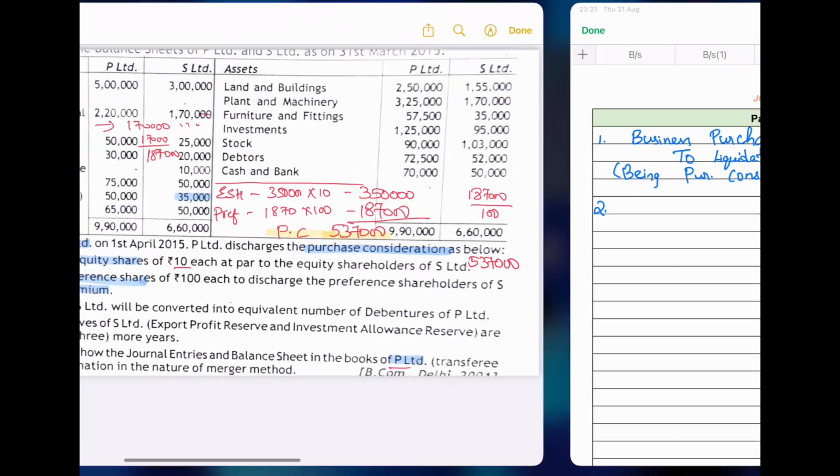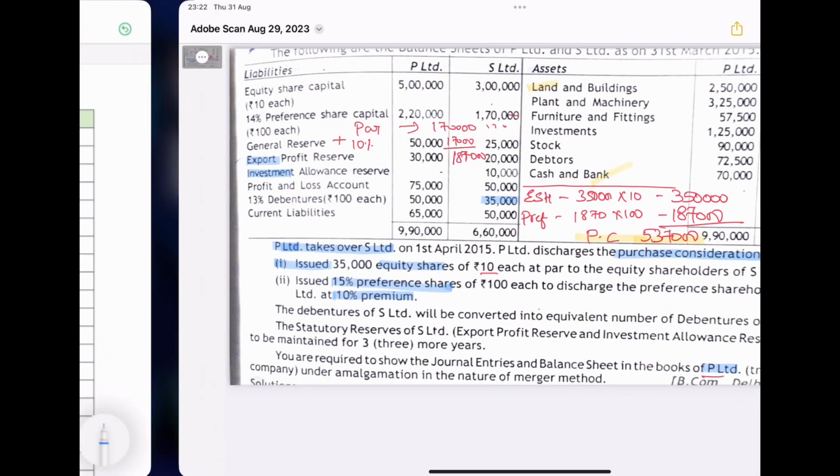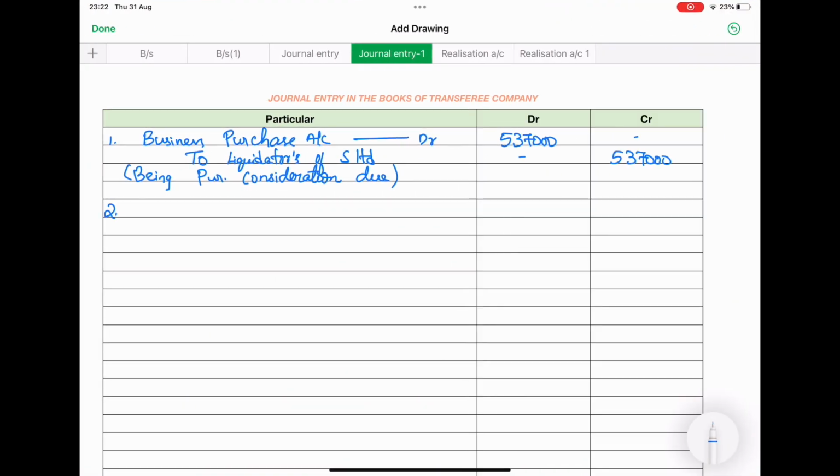See, asset side, all the assets we are going to transfer now. One by one, it starts from land and building to bank account. Full assets we are going to transfer. Start from land and building, one by one. Next assets also we are going to debit.